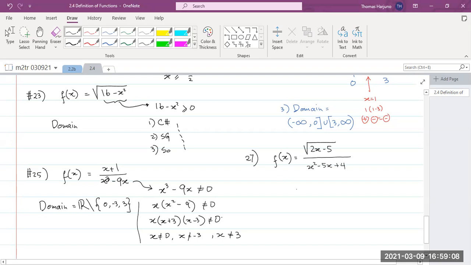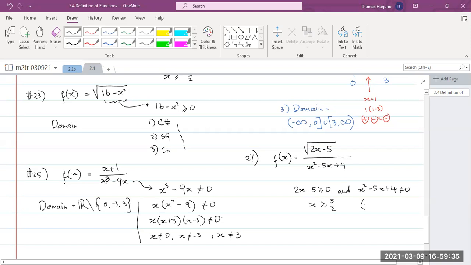We know that 2x minus 5 has to be non-negative, and at the same time, x squared minus 5x plus 4 cannot be 0. So x is greater than or equal to 5/2.